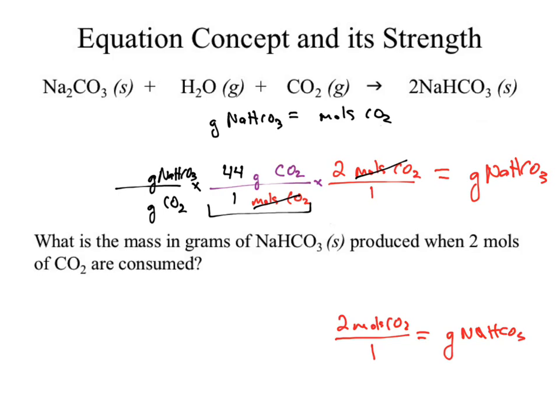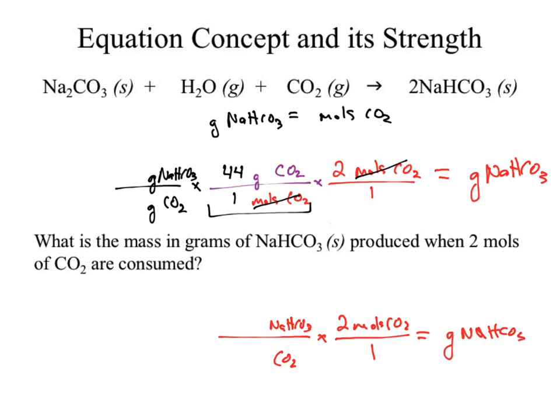Maybe instead of considering the measurement, I should look at the substance. What happens if I now change my focus to looking at how I convert CO2 into sodium hydrogen carbonate? Where is the conversion factor to convert that substance found? In the chemical equation. What units are associated with that chemical equation? 1 is a number, 2 is a number.